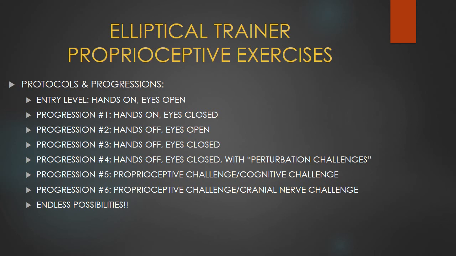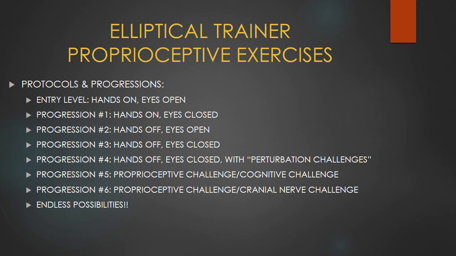So imagine that you jump onto an elliptical trainer, and the elliptical trainer has movement taking place at the hands and also at the legs. Well, entry-level use of the elliptical trainer involves holding on to the handles and keeping the handles and the legs moving simultaneously with your eyes open while you concentrate on every step and every component of the cadence, and you're conscious about every movement.